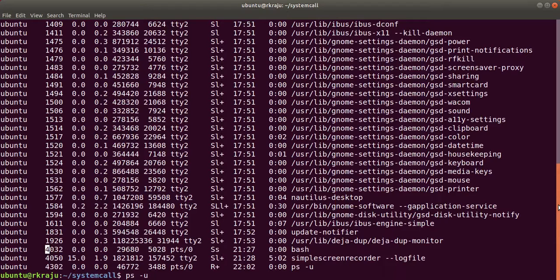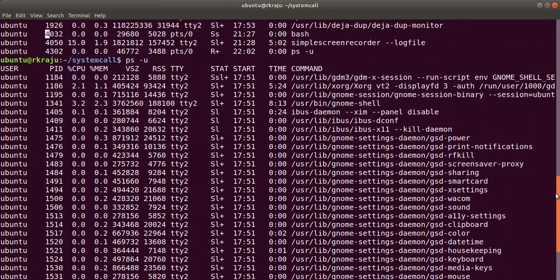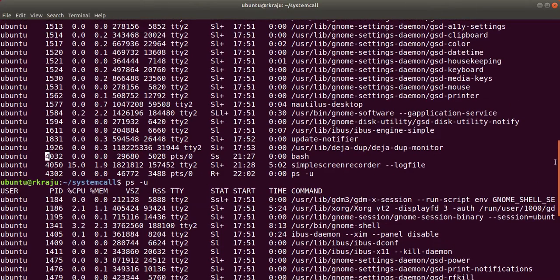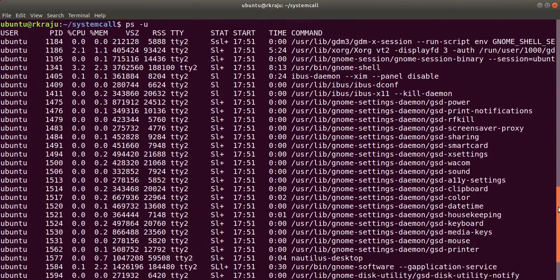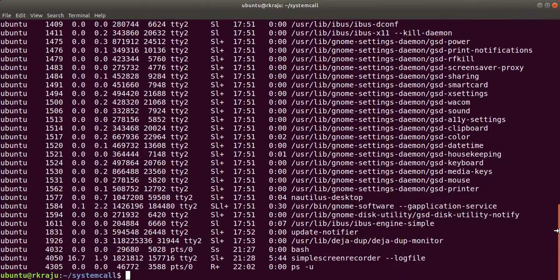See, now it has changed to 4032 followed by 4305, and you can see that these process IDs are quite different and are numbered randomly by a dynamic runtime approach of a given process.